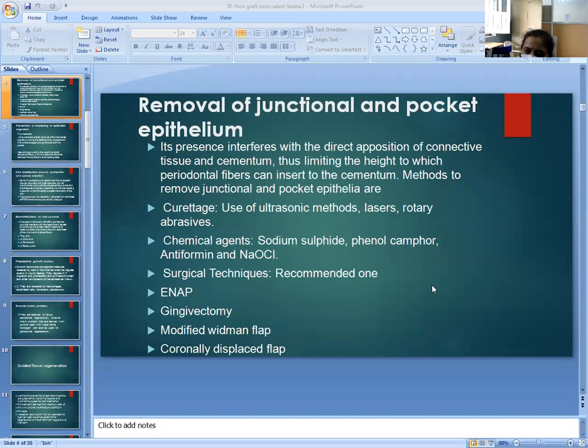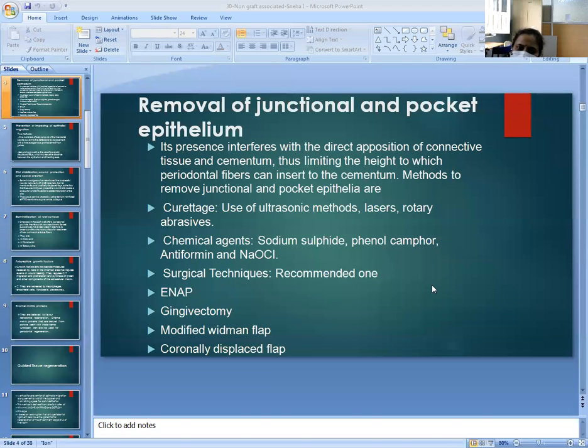Which outcome do we want? We want new attachment. New attachment means newly formed periodontal ligament fibers should get embedded on one side into newly formed bone, whatever lost bone. In that area, bone formation should be there, and then it should get embedded into cementum. This type of attachment is exactly what we want.